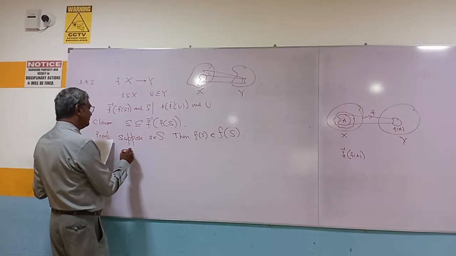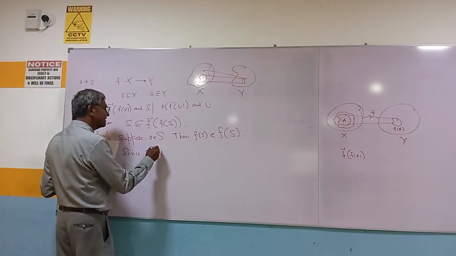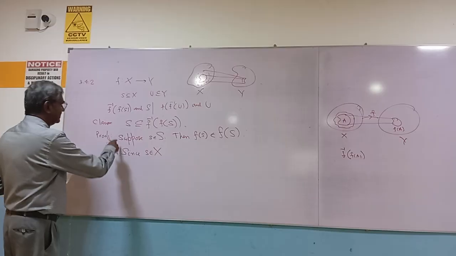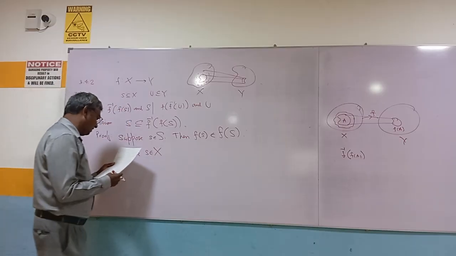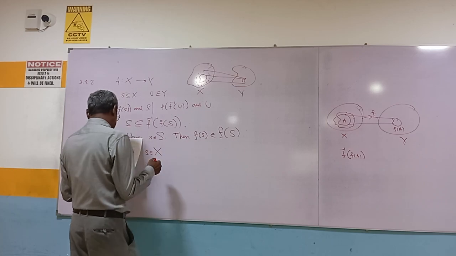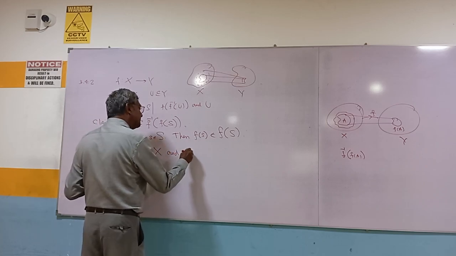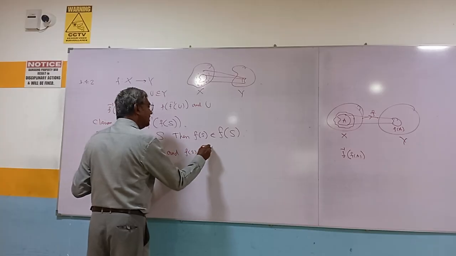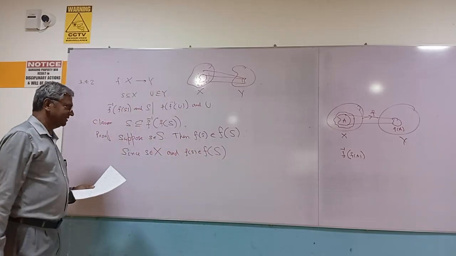Since S belongs to X, because capital S is a subset of X. Now, if F of little s belongs to F of S, what can I say?